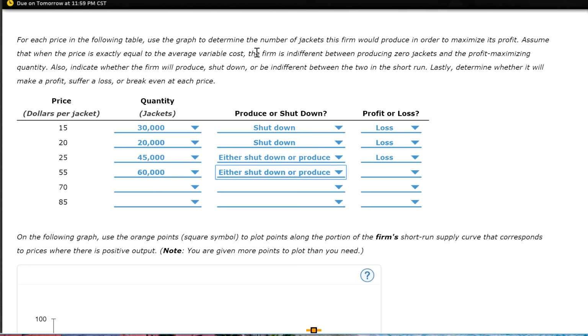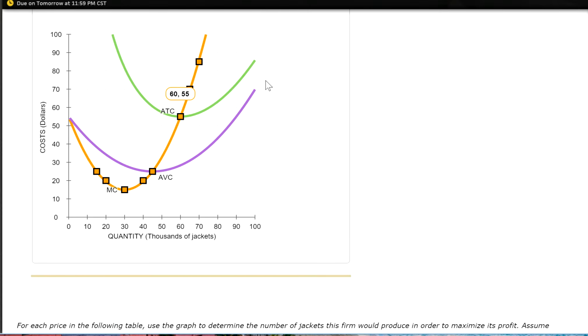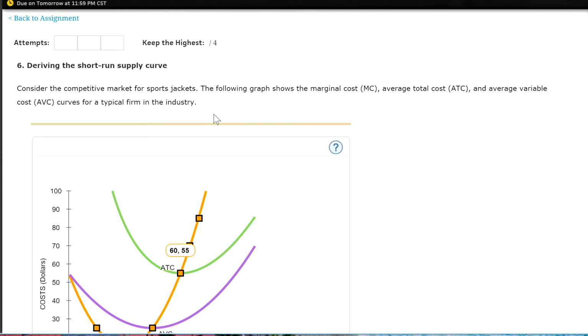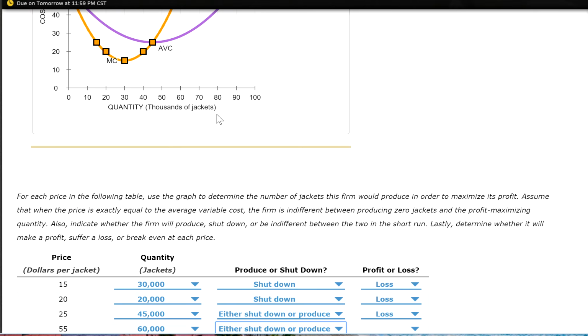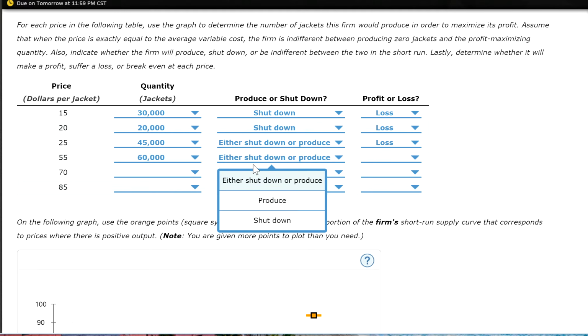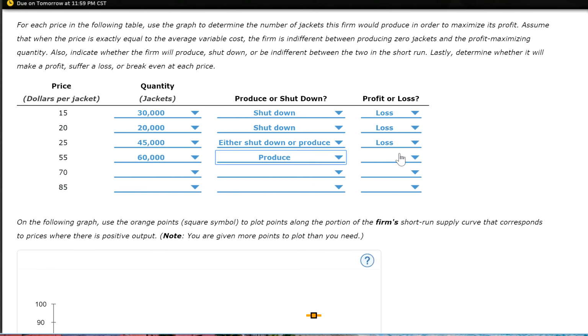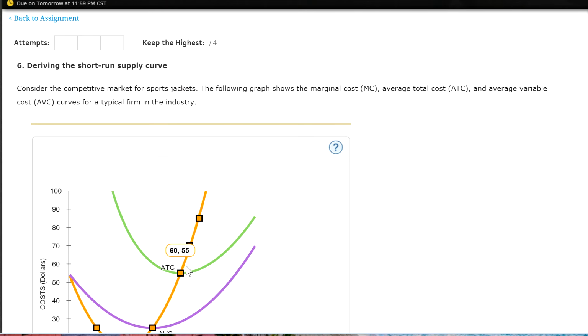Assuming this is short run or long run, yeah, produce then. And this is break even because we're intersecting with the average total cost curve. Alright, I'm just not sure about this one.